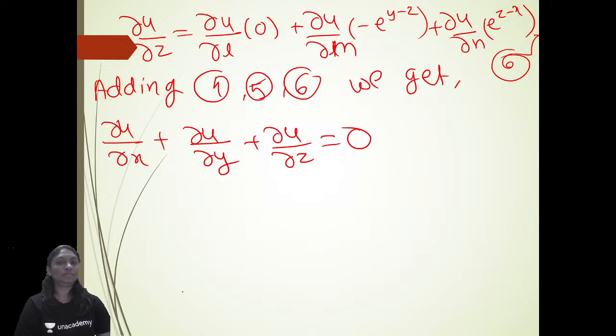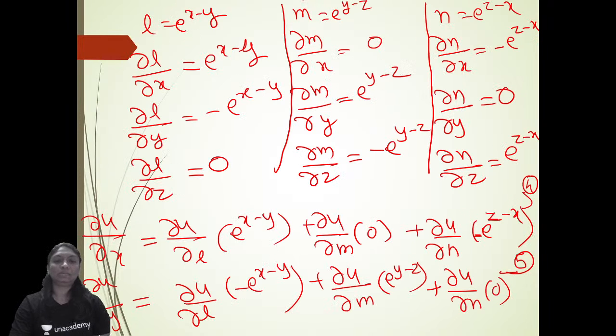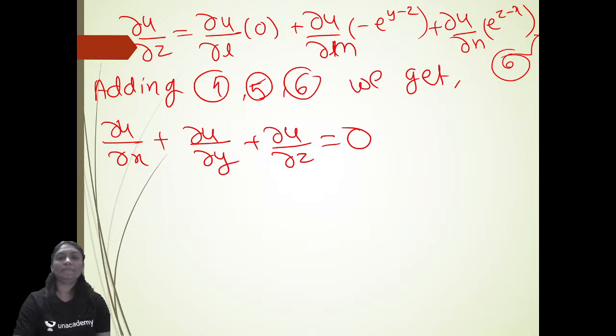See, here are the minus terms, so if you add these two, this will become 0, and if you add these two, this will become 0. So ultimately you will get 0. That is what we wanted to show.